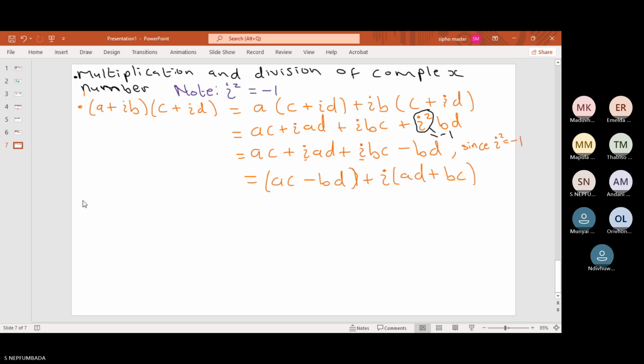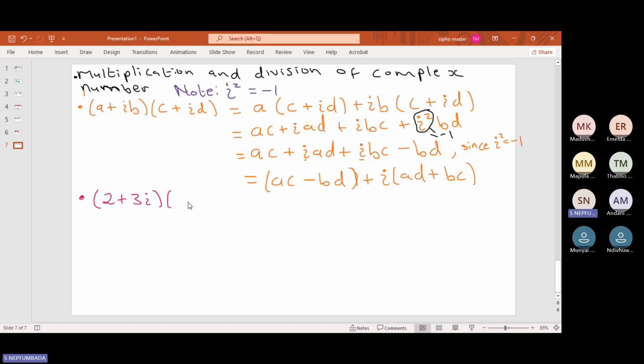So now let's take another example. Let's say we have 2 plus 3i multiplied by 5 minus 4i. Then this is nothing but going to be equal to what?